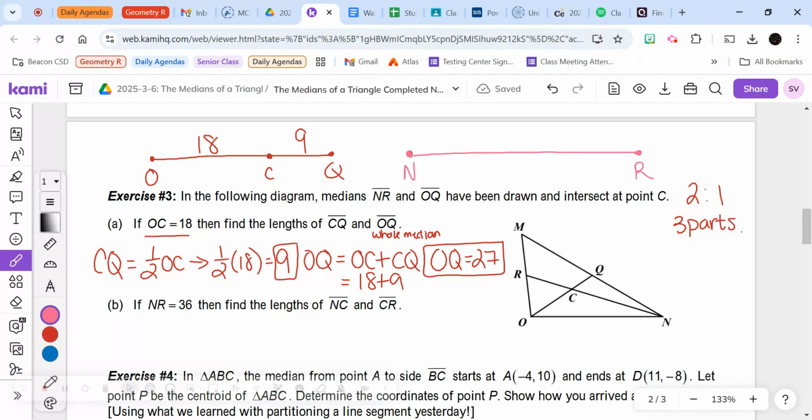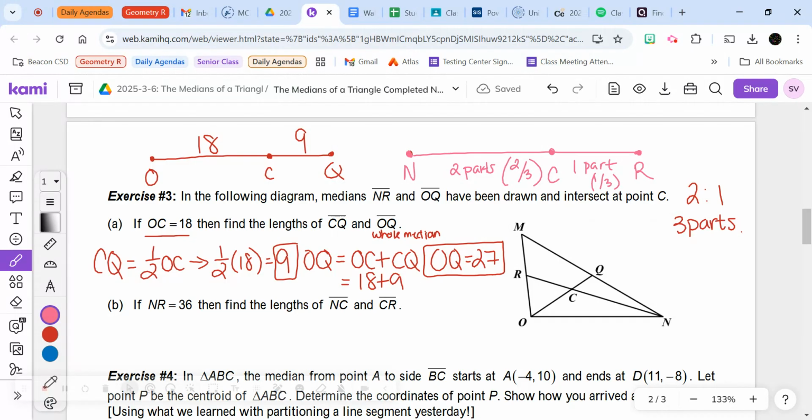C is a little closer to R. Okay, so again, this is the 2 parts, which is the same thing as 2/3 of the length. And then this is 1 part, which is the same as saying this is 1/3 of the whole entire length.